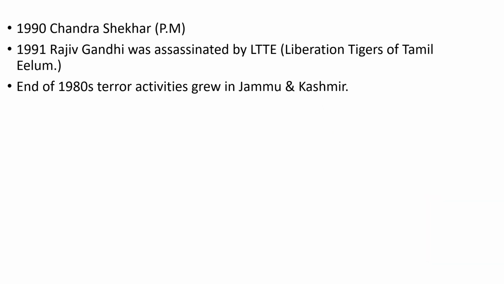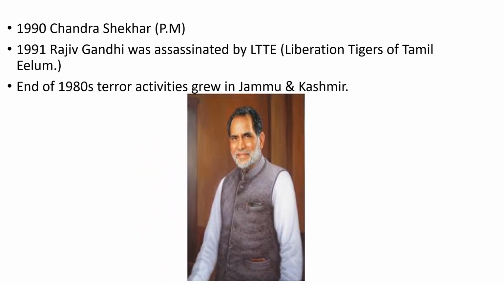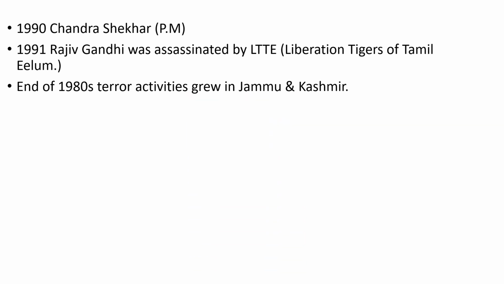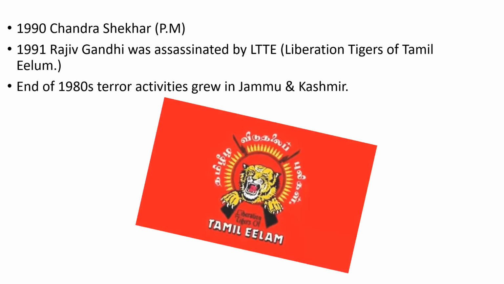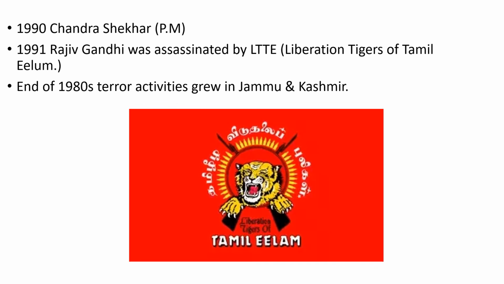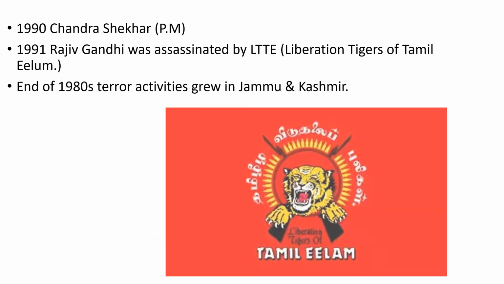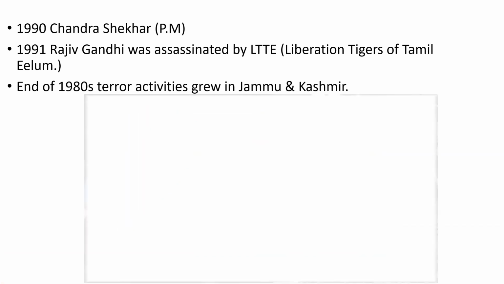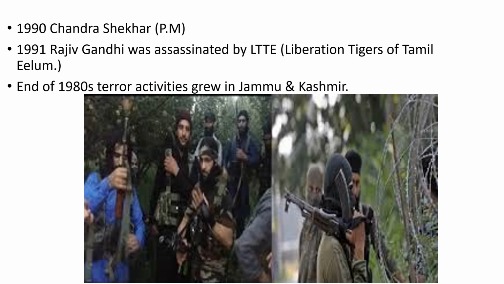In 1990, Chandrasekhar became the Prime Minister of India. In 1991, Rajiv Gandhi was assassinated by the LTTE, Liberation Tigers of Tamil Eelam. And by the end of the 1980s, terror activities grew in Jammu and Kashmir.